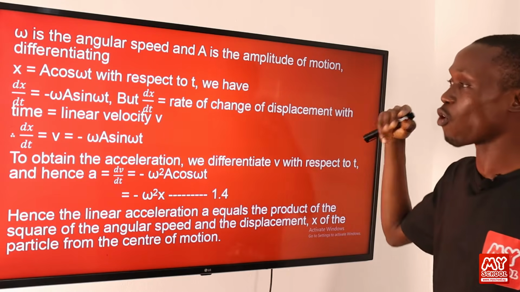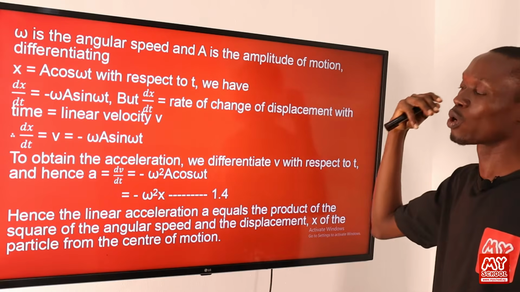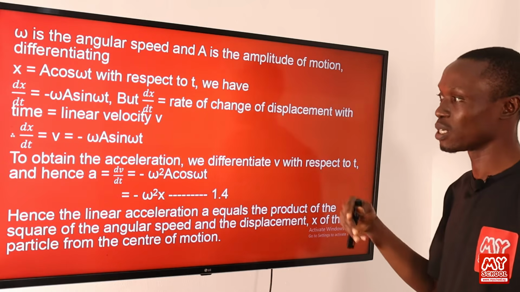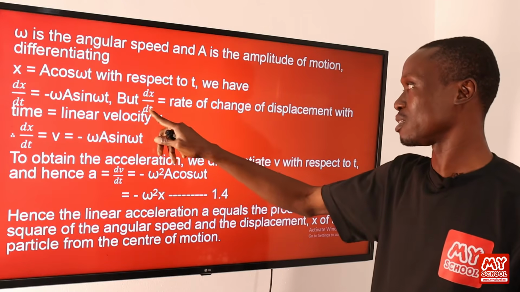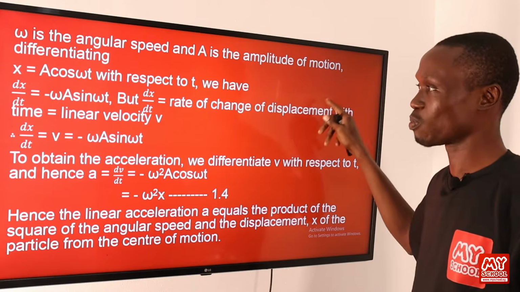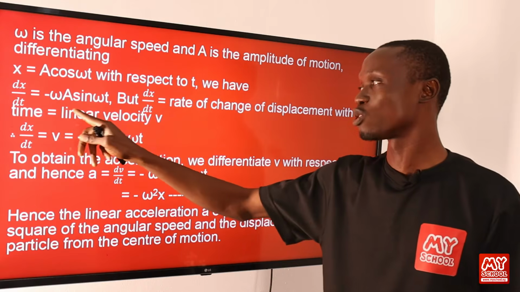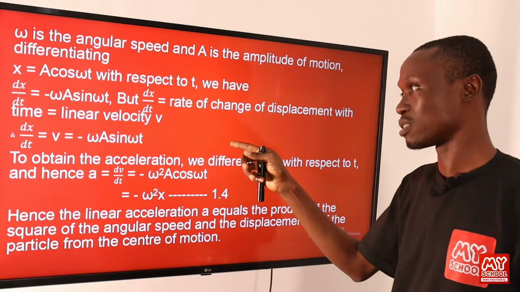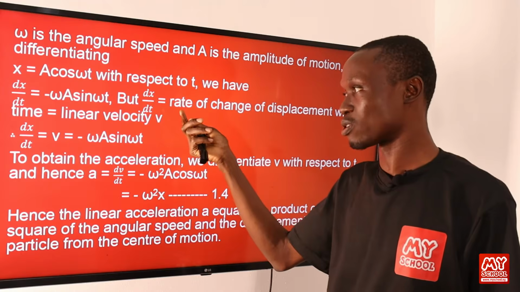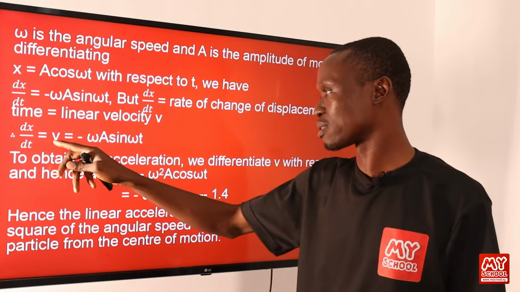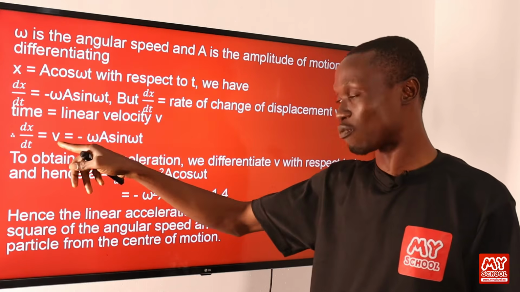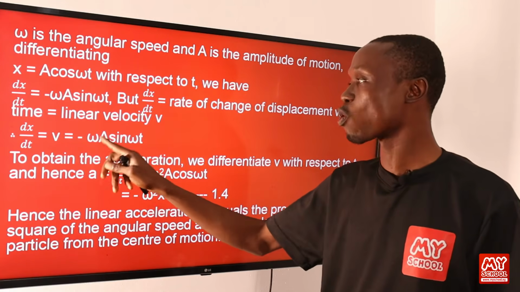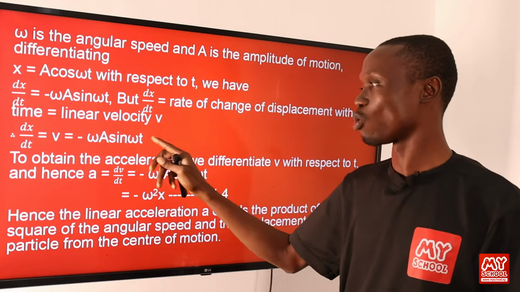And in order for us to have acceleration, we have to differentiate the velocity. But remember that ds/dt is equal to the rate of change of displacement with time, and that is equivalent to linear velocity. So if we differentiate linear velocity again, we will have that. Therefore ds/dt is equal to linear velocity, which is equal to minus omega A sin omega t.